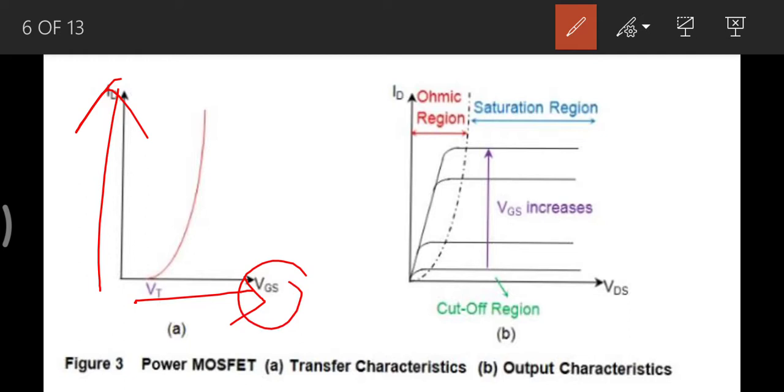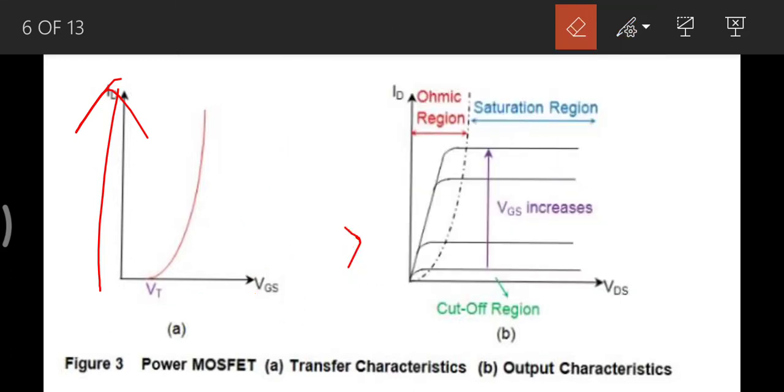If you increase the gate to source voltage, this drain current is going to increase. This is called transfer characteristics. That means with increasing gate voltage, the drain current increases. That is the transfer characteristics.